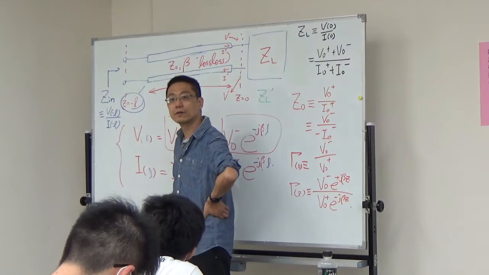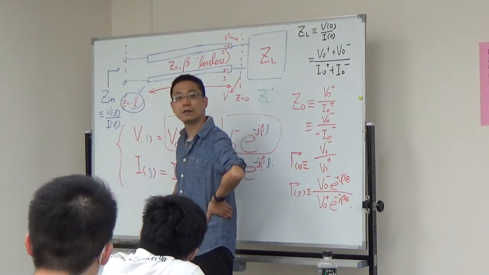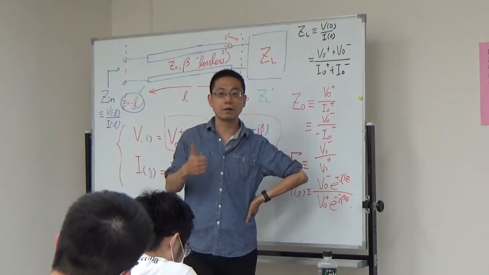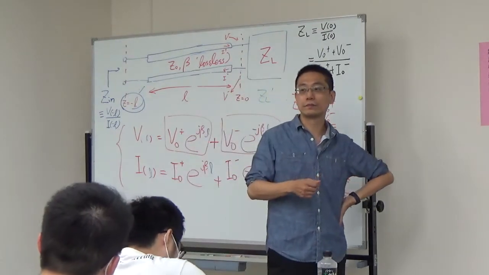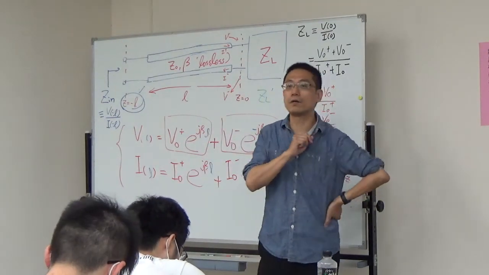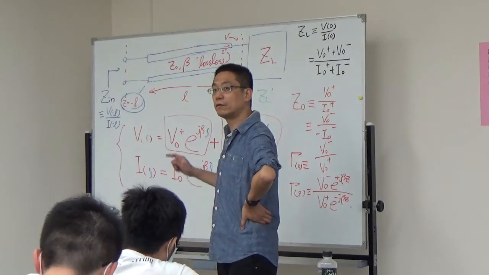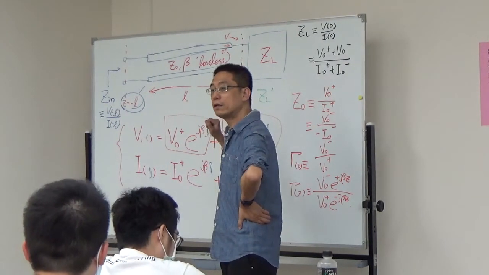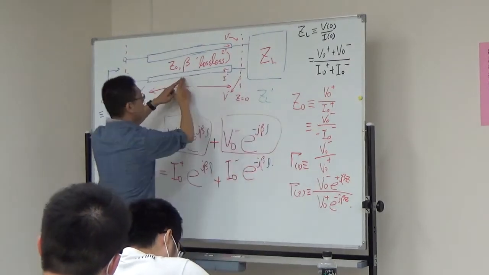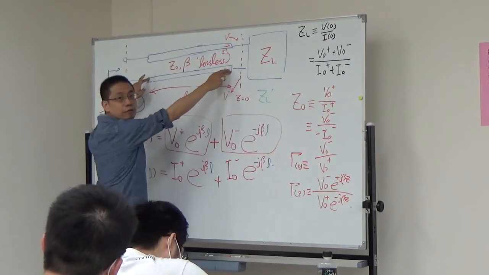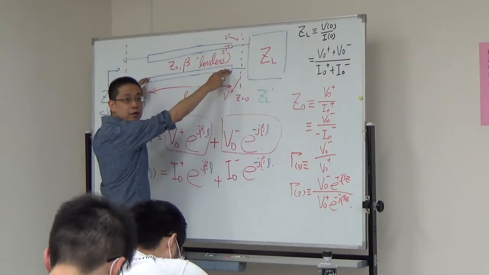Okay? So this is correct. So now your voltage becomes a function of L. L is the length of this transmission line.